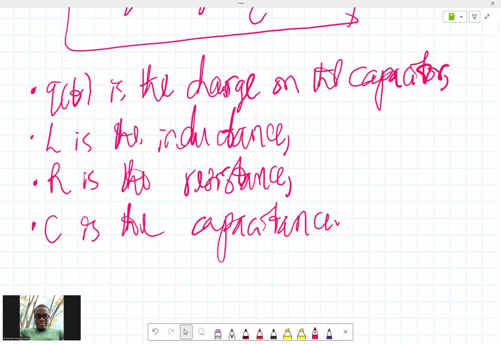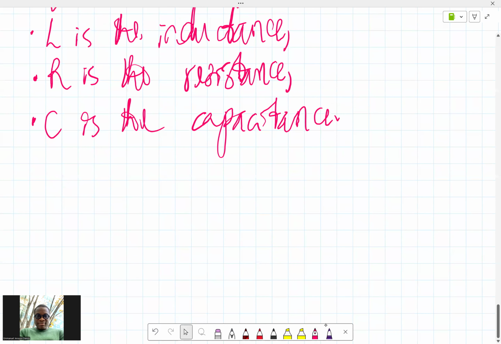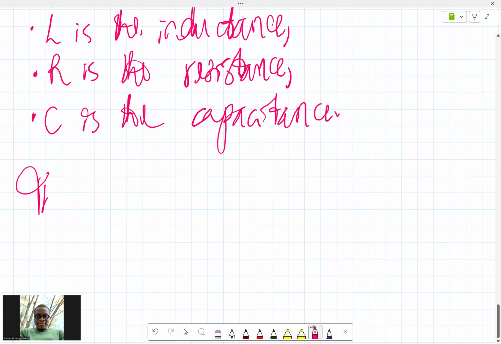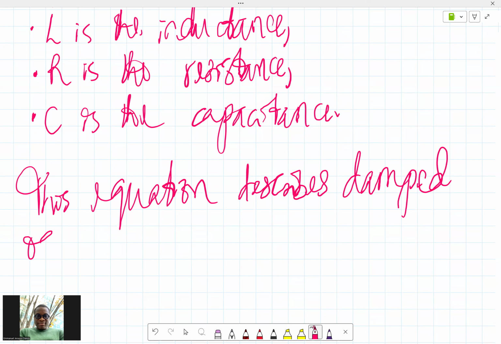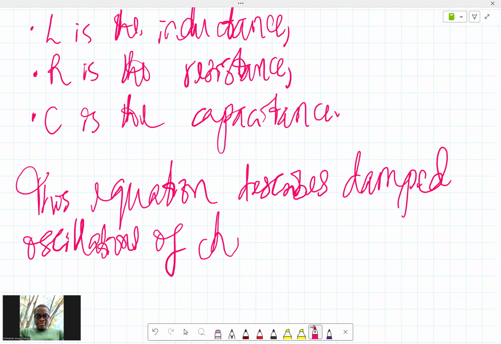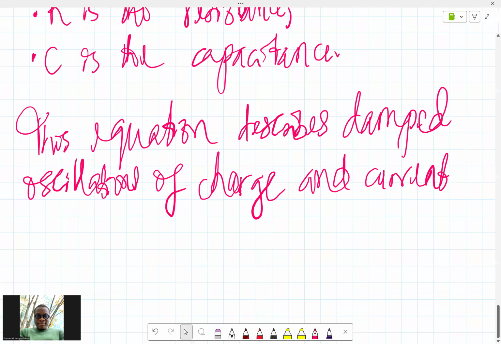Okay. So we see that this equation describes damped oscillations of charge and current in the circuit.